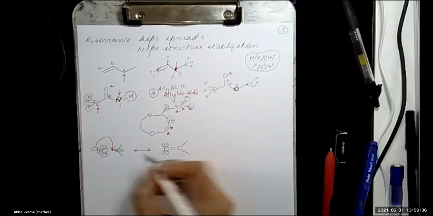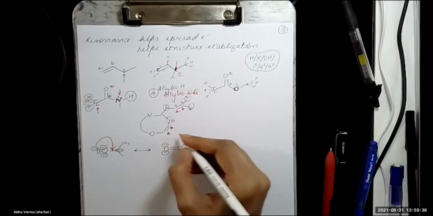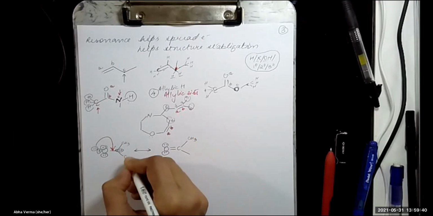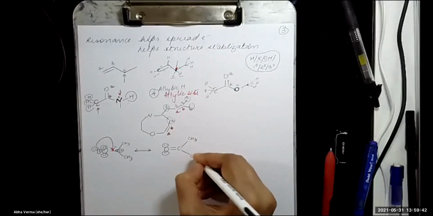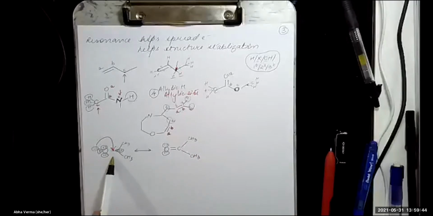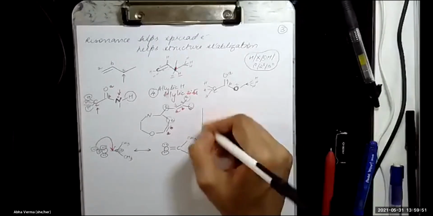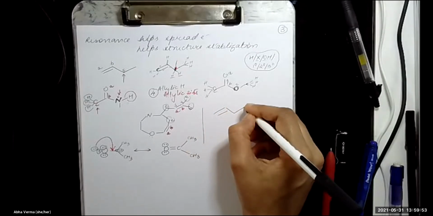The rest of the molecule, these CH3s, stay where they are. We're not touching them. So this is one resonance structure. This is another resonance structure. Let's look at this now.